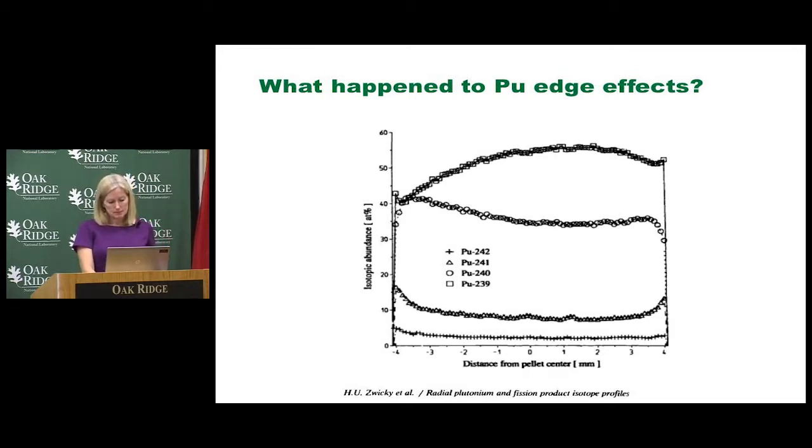So what happens here, and these are several isotopes. This is plutonium-242. 241 is here. Plutonium-240 is the circles, and plutonium-239 is here. And you can see this isn't symmetric, which means that this might be a fuel rod that was located at the outer edge of an assembly.